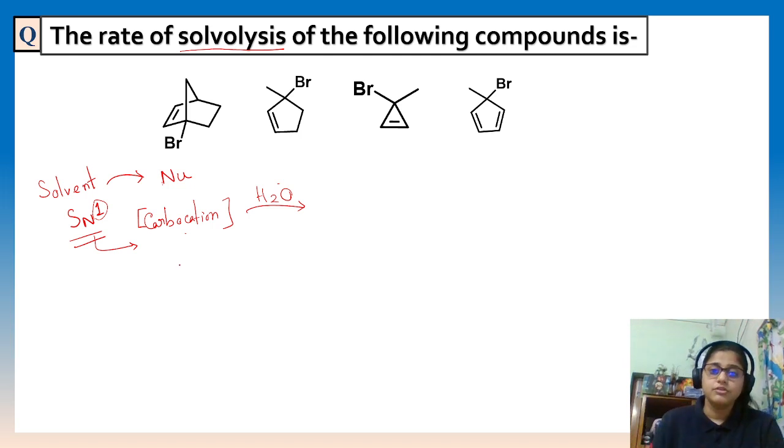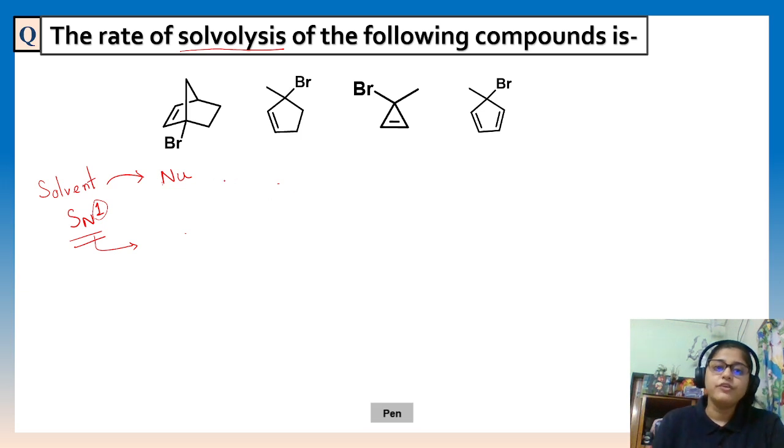If you are confused, I am telling you again in short: solvolysis is given. We know in solvolysis the solvent attacks, and it goes via the SN1 reaction where carbocations are formed. So depending on the carbocation stability, we can tell whether the reaction will be faster or not.